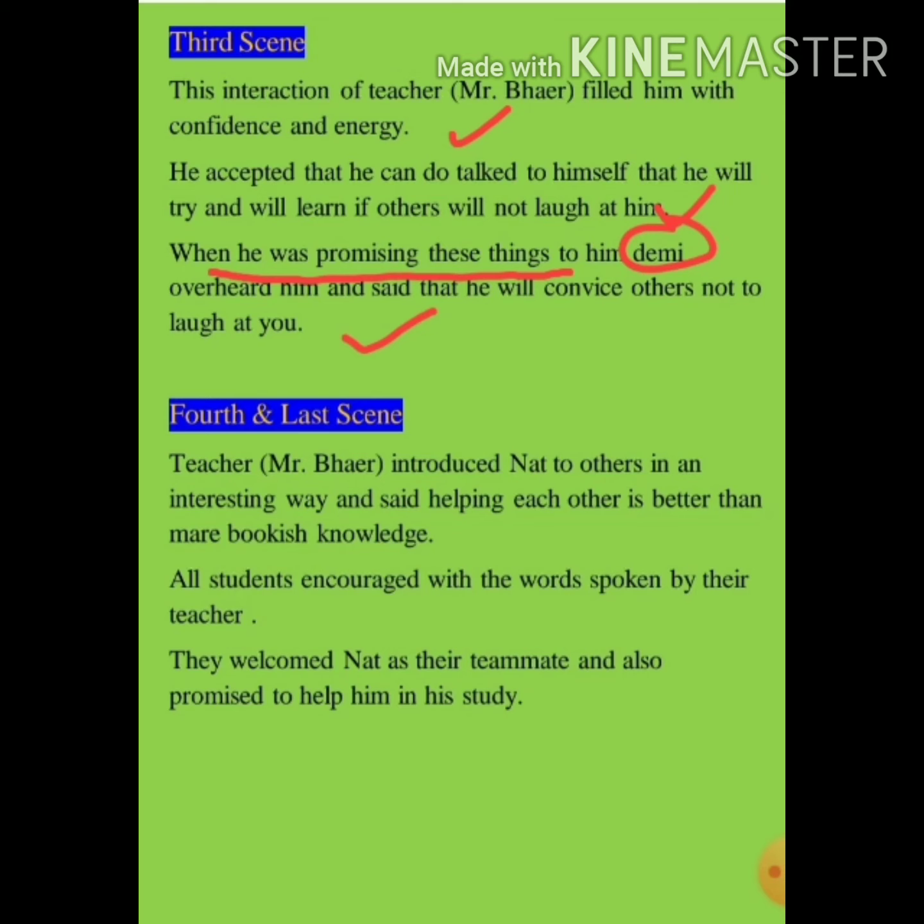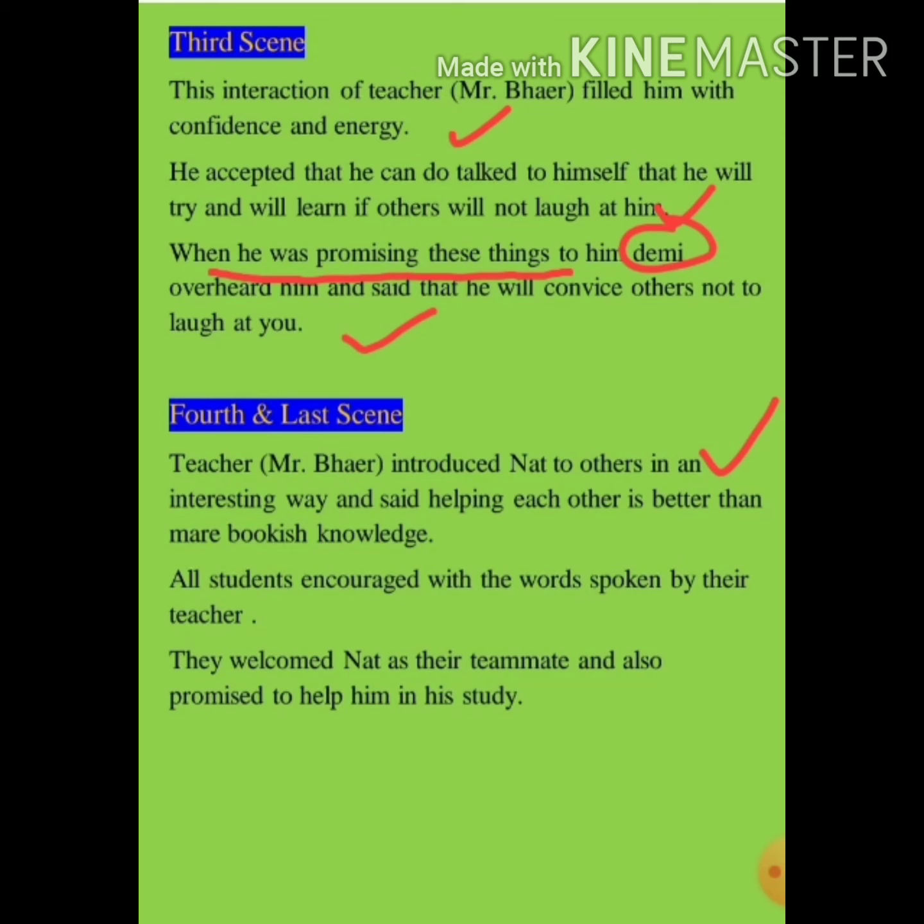Now come to the fourth part of this story. The teacher introduced Nat to others. This was one more positive initiative from his teacher to make Nat realize that he is also as important as others.